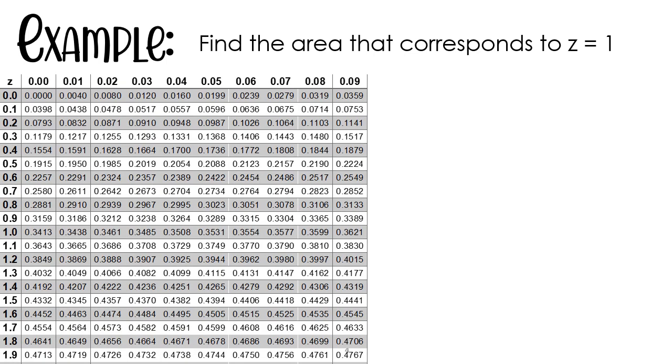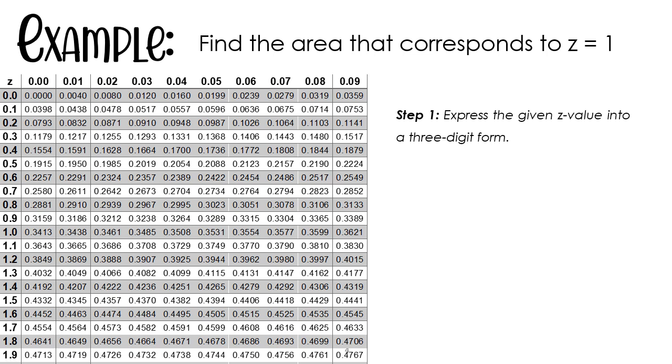Now, how can we use this table? Our first step is to express the given z value into a 3-digit form. Again, since we only have a one-digit z-score, we have to express it into three-digit form.